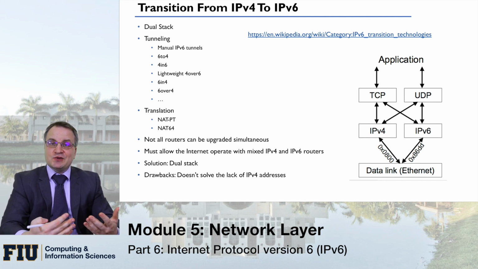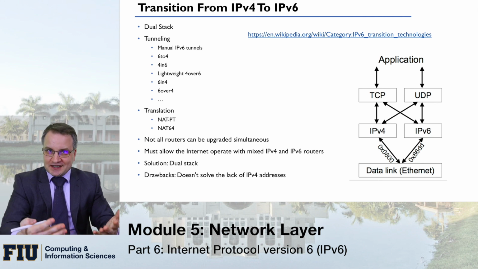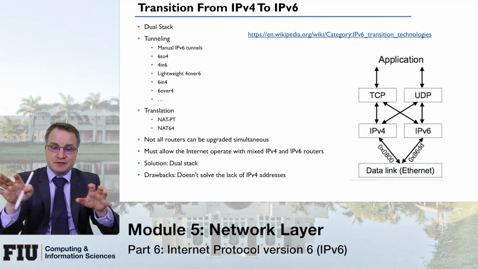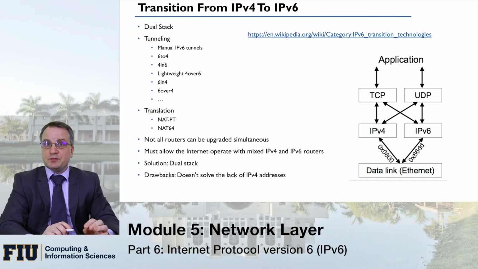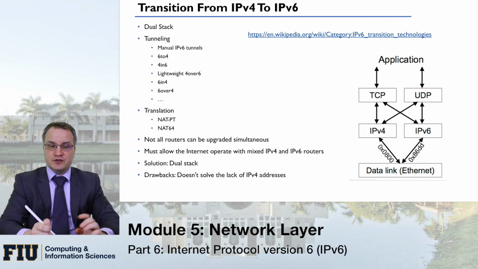And so they try to cheat in different ways, because normally the network layer is the one that connects everything, the one that has to be common in all places. So they had to cheat in the form of the tunnel. So basically some portions of the network support IPv4, some portions support IPv6, and you create some form of tunnels between them.